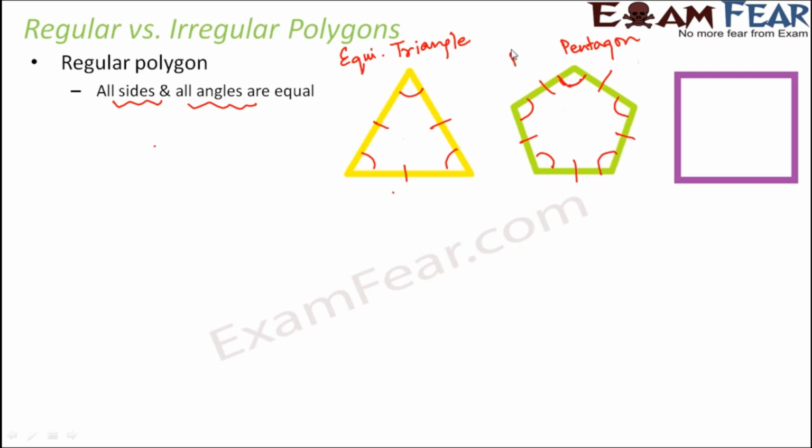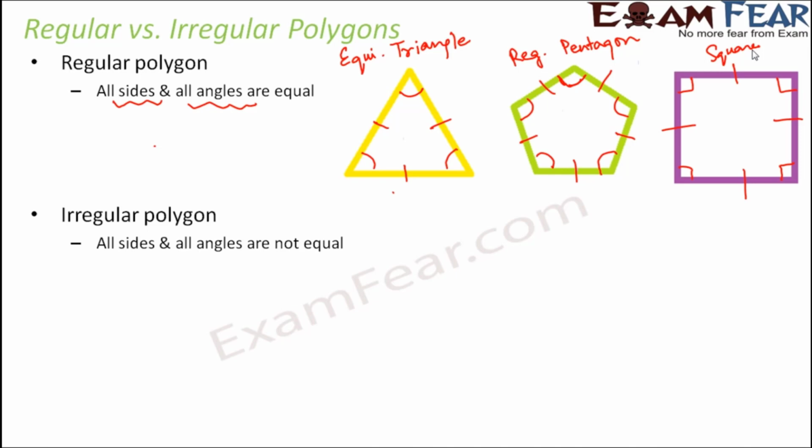So this is basically a regular pentagon. Think of a square. A square also has all its sides equal and all angles are equal to 90 degrees. Therefore, square is also an example of a regular polygon. So, regular polygon always will have all their angles equal and all their sides equal.